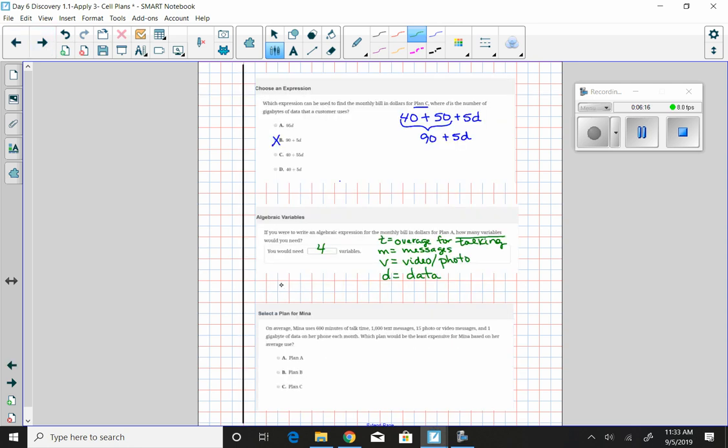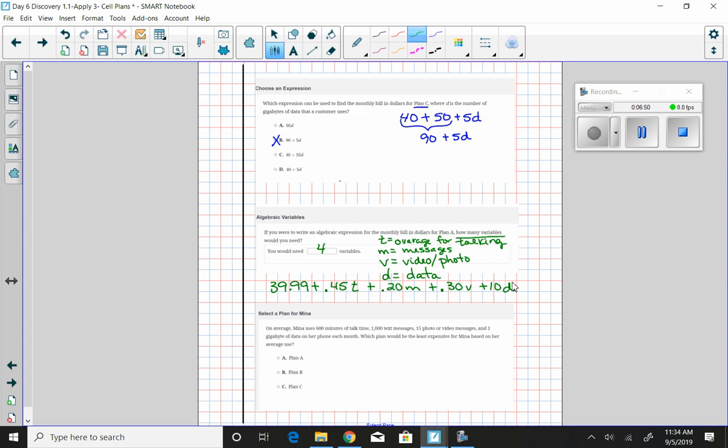It's $39.99 plus 45 cents for every minute over your allowed amount, over 450, plus 20 cents for every text you send, plus another 30 cents for every photo or video you send, plus another $10 for every gig of data that you use. Okay? This is going to get expensive really quick, won't it?